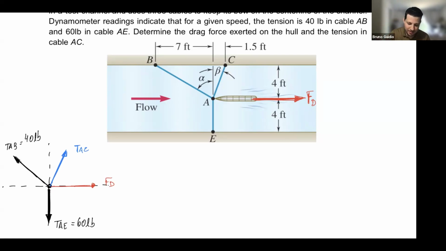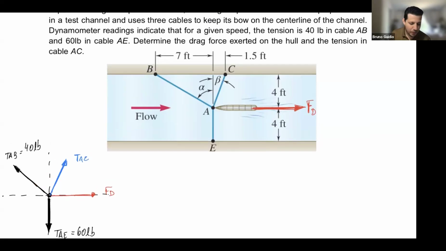But remember, we need to find also the angles, and that's why we have alpha and beta right there. My question is, can we find alpha and beta? Well, let's take a look at what we have. Triangle 7, 4. Yes, we can find it.